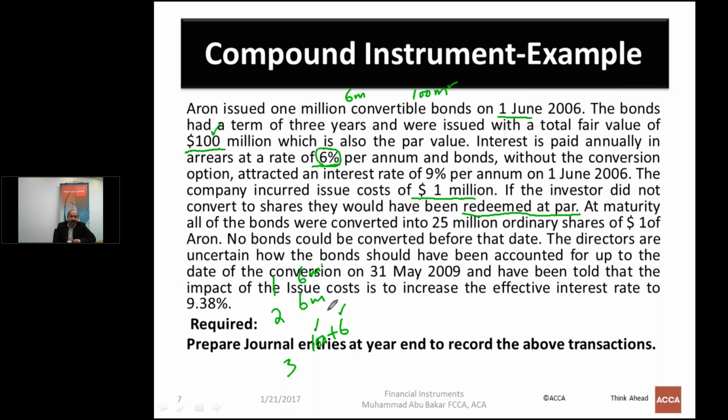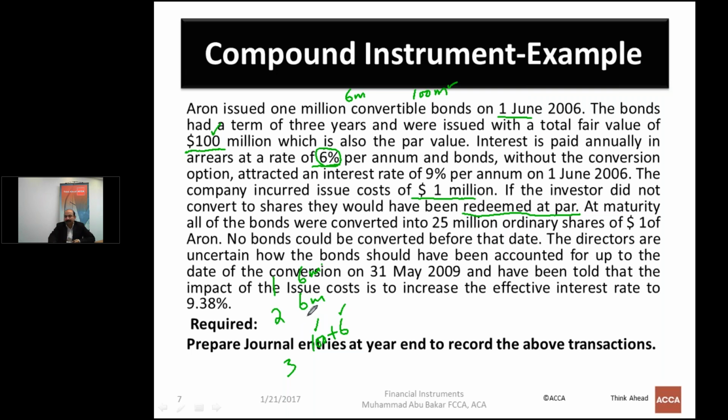Second pop-up is, these cash flows will be discounted using interest rate of option 1, 9%, option 2, 6%.